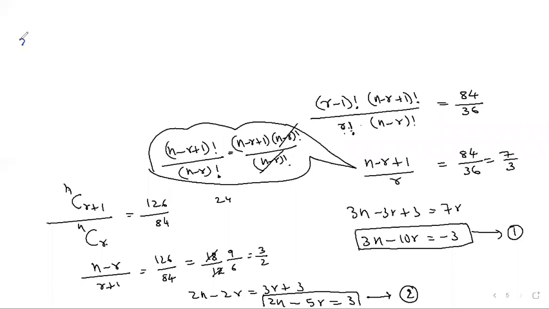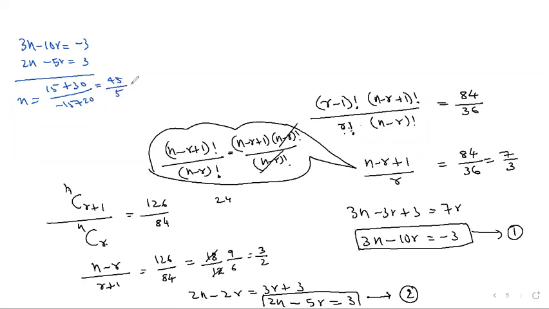So 3n minus 10r is equal to minus 3, and 2n minus 5r is equal to 3. So now old method से कर देते हैं. N is equal to 15 plus 30 divided by minus 15 plus 20. So 45. Acha, I'm getting 9. N is 9.